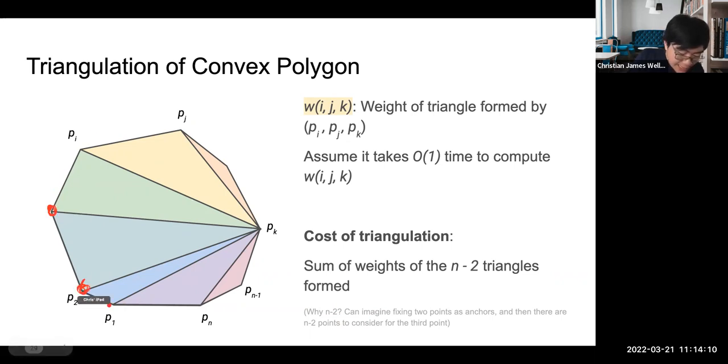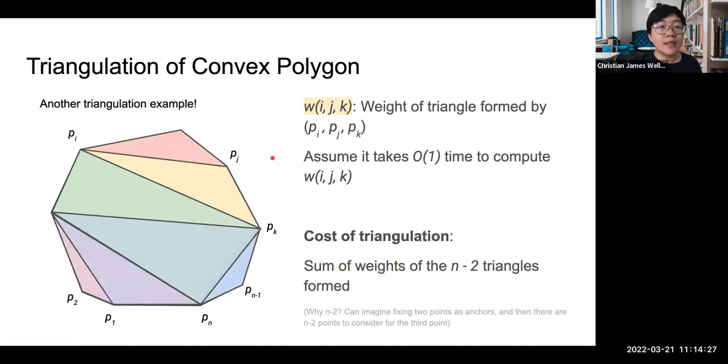Now there are n-2 points to choose from to form a triangle. Roughly that's the intuition, but in case it doesn't sink in yet, it's okay. Take some time to think about it later, but trust me for now that there are n-2 triangles formed by this polygon.